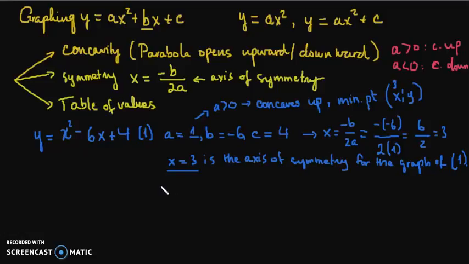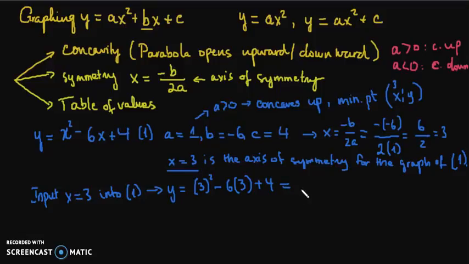So input x equal to 3 back into function 1, we would have y equal to 3 squared minus 6 times 3, plus 4. 3 squared is 9, minus 6 times 3, 18, plus 4.